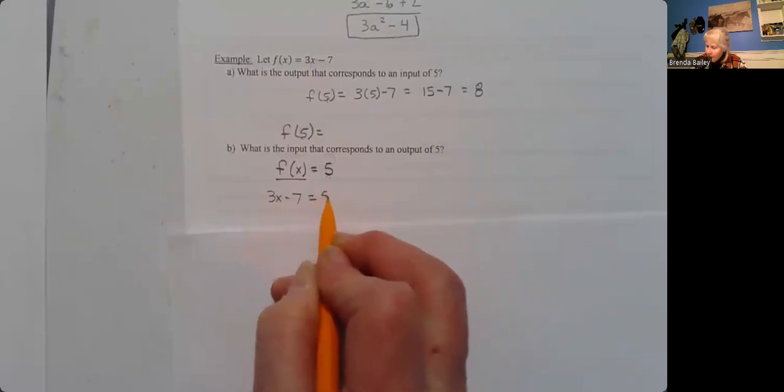Here you take the function and set it equal to 5 when you want the output to be 5. So you have 3x. When does the function equal 5? That's what that is asking there. A little bit different. You have to solve the equation. You have to solve this 2-step equation. You have to add 7. And then divide by 3.